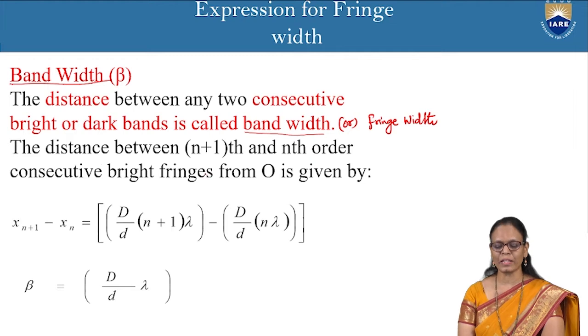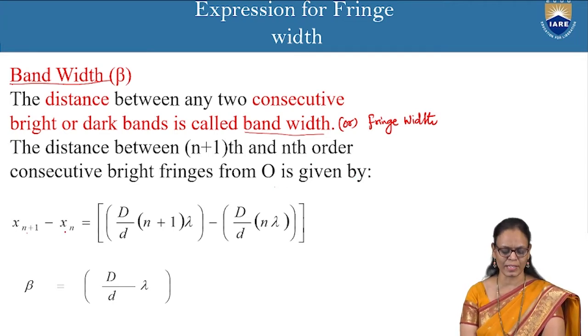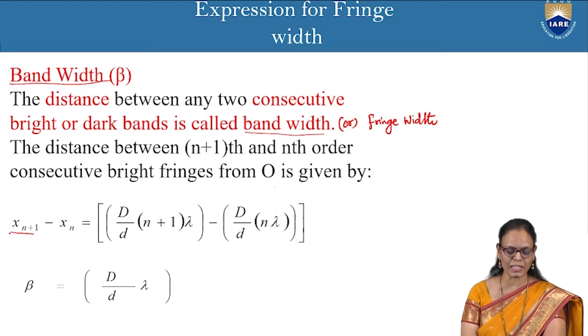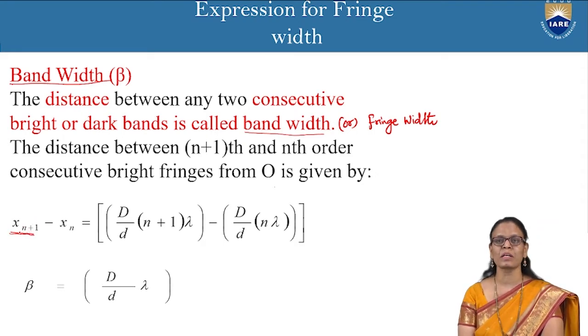The distance between the n+1th and the nth order consecutive bright fringes from O is given by xn+1 minus xn. So xn+1 is the distance of the n+1th bright fringe from the central fringe, and xn is the distance of the nth bright fringe from the central fringe.